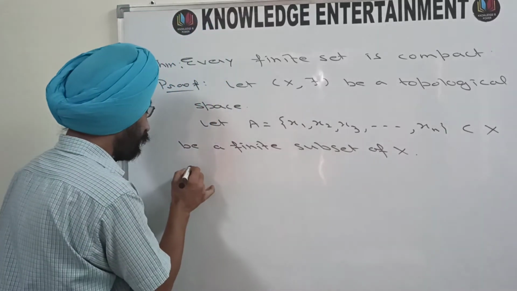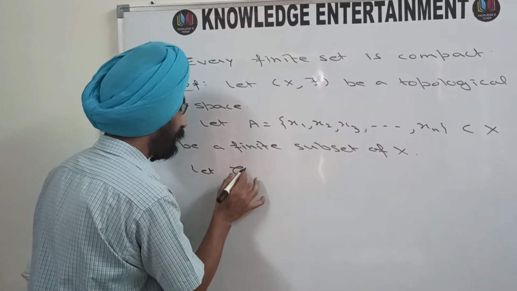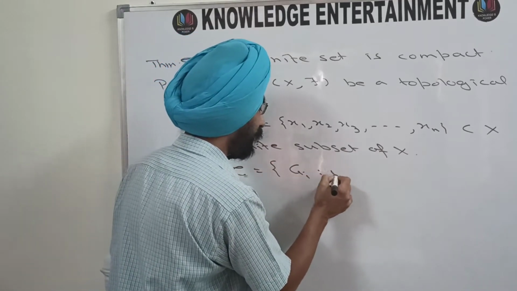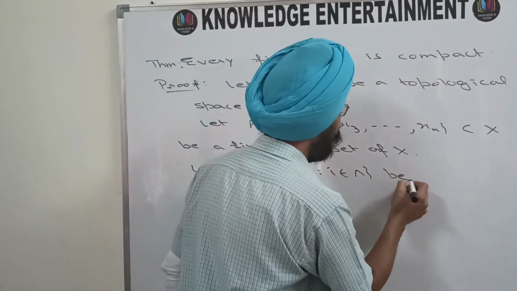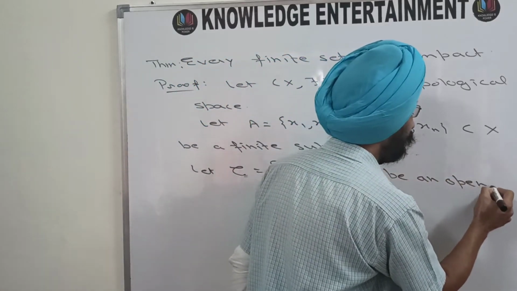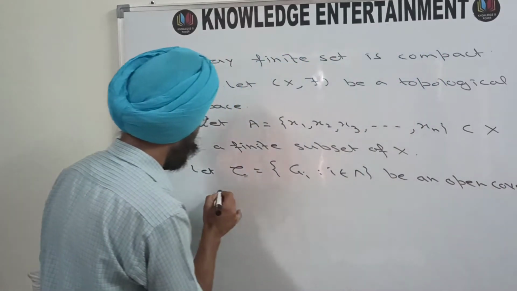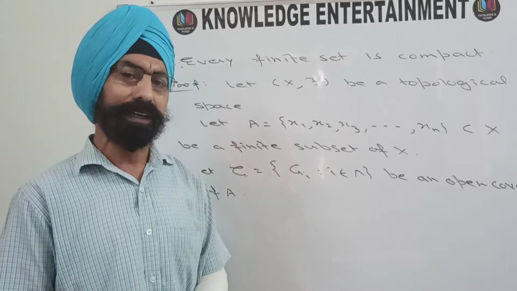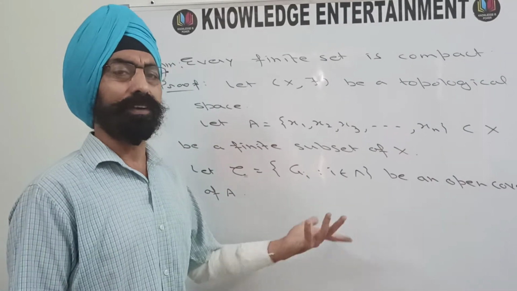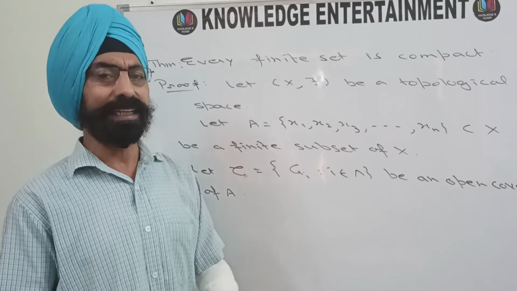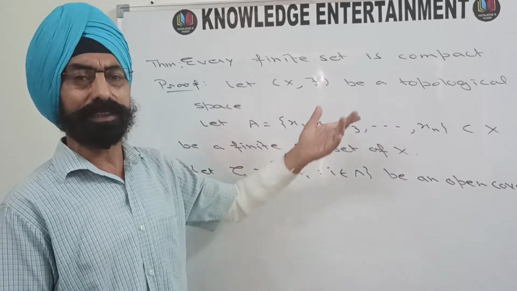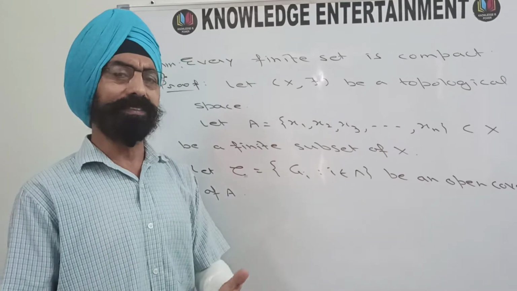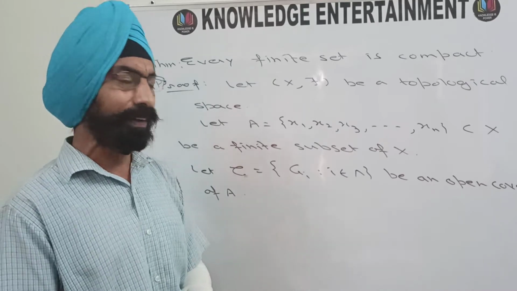So let the collection containing sets Gi, where i belongs to lambda, be an open cover of A. So I have taken an arbitrary open cover of A, and I'll find a finite subcover of this open cover. And if I can find that finite subcover, that means the set A is compact, because it is an arbitrary open cover, and it will imply that every open cover has a finite subcover.